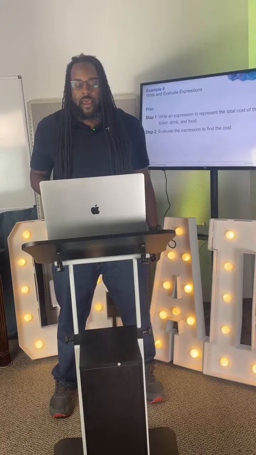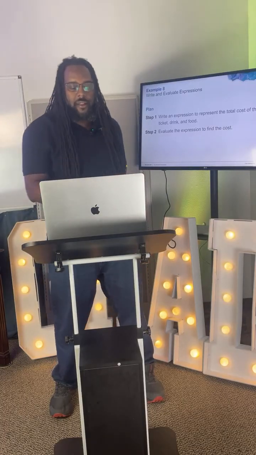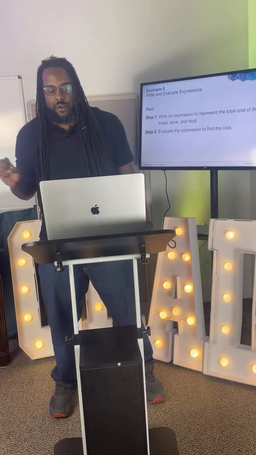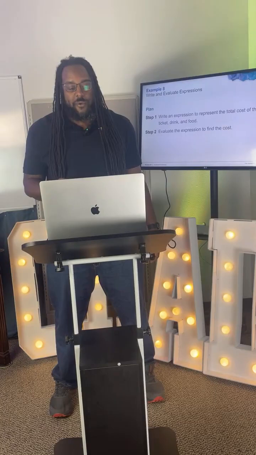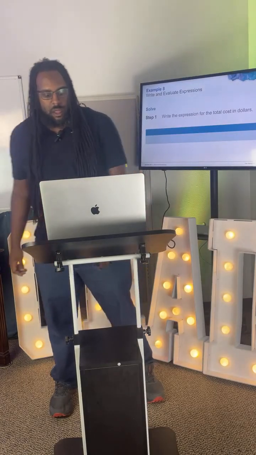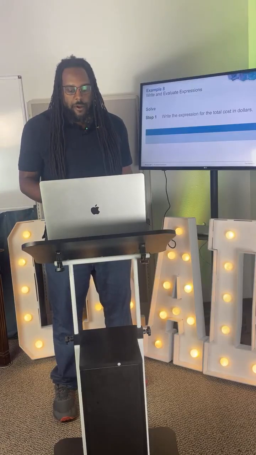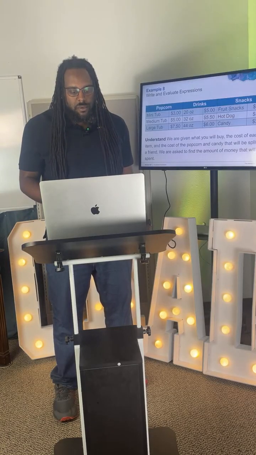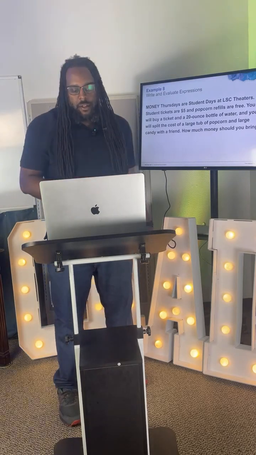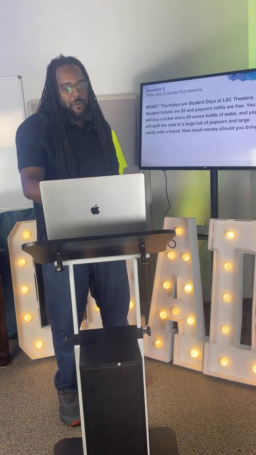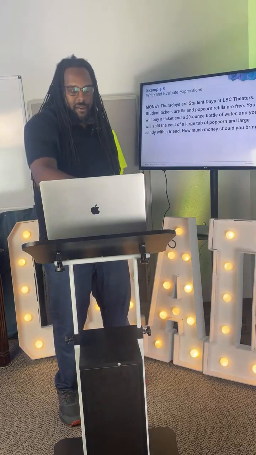So now we need to plan. Write the expression to represent the total cost of ticket, drink, and food. Evaluate the expression to find that cost afterwards. So let's write this expression, total cost in dollars. Let's go back to this question. We have the $5 for the ticket. The popcorn refills are free, so we don't need to worry about that.